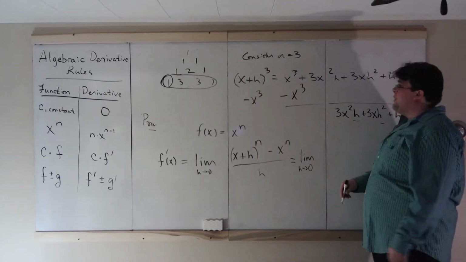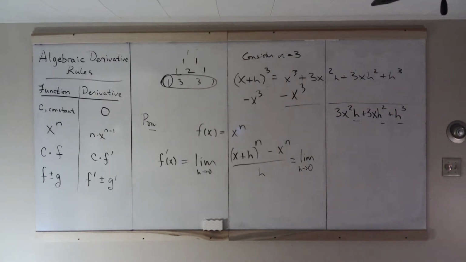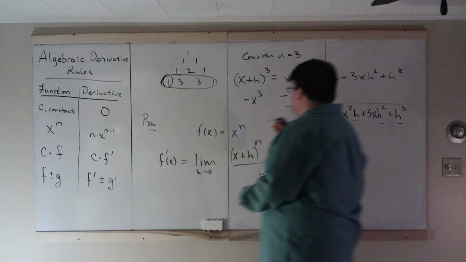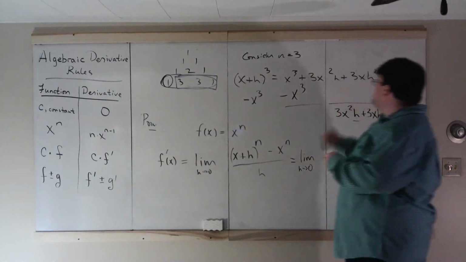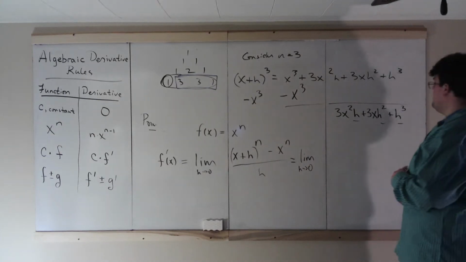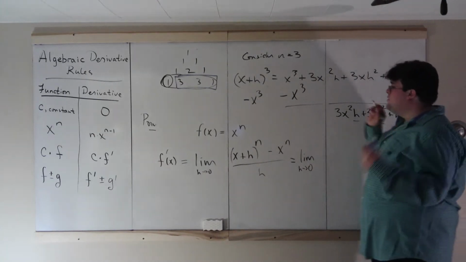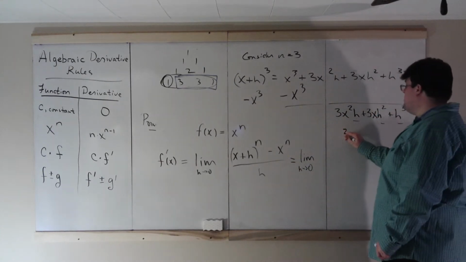What you'd be left with is all of these remaining terms over here. Then you divide by h. What happens when you divide by h?